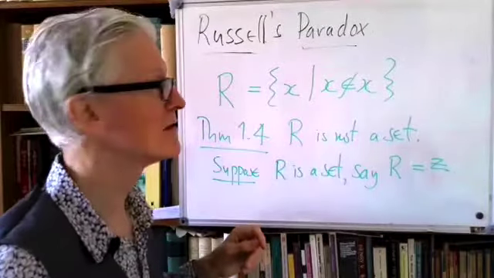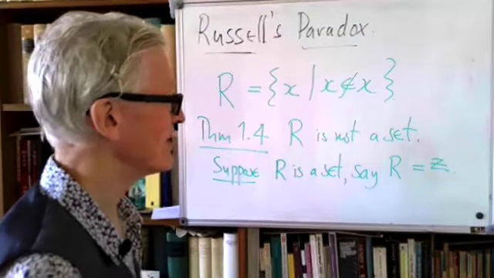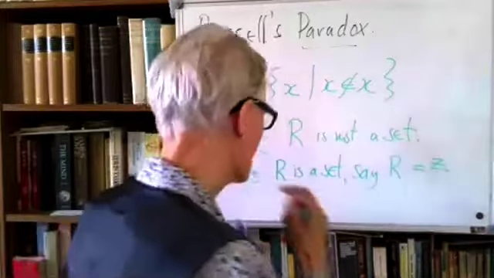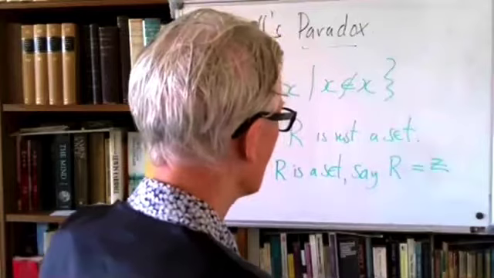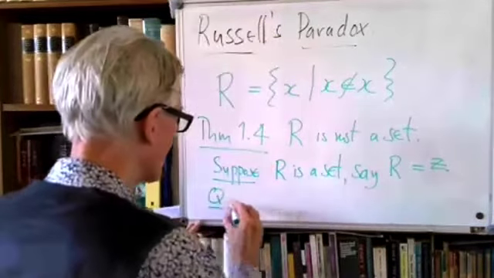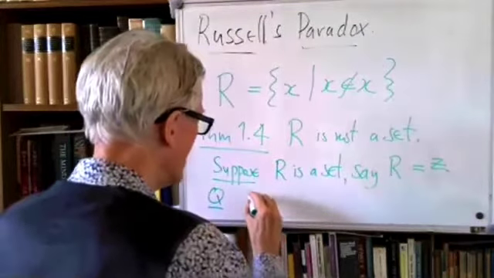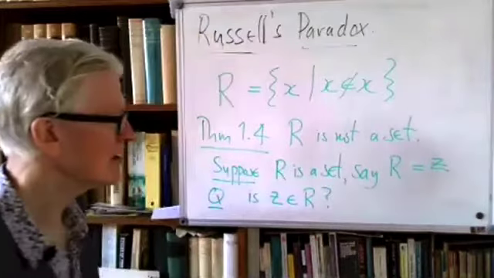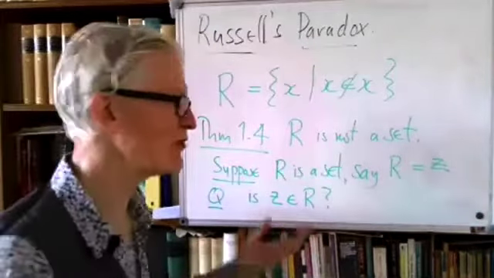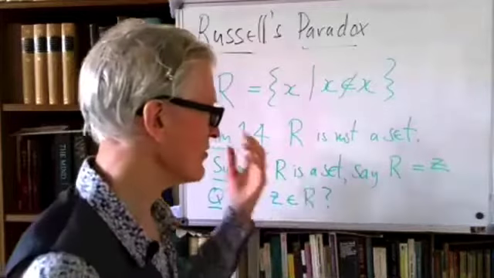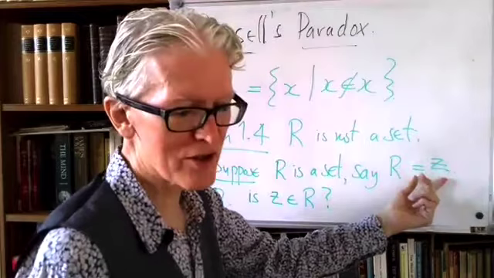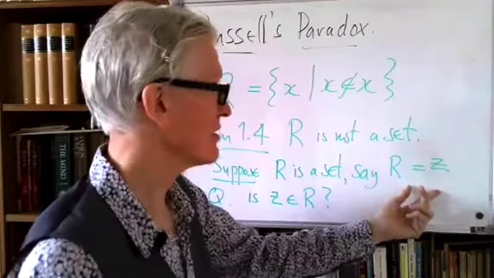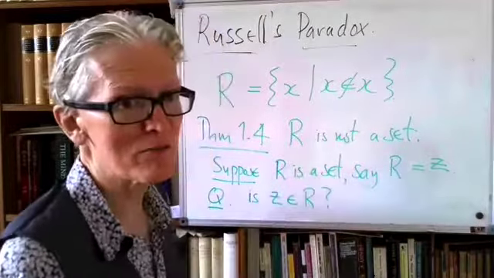It's only very special sets, if there are any at all, that will be members of themselves. So altogether we're setting up a proof by contradiction. We assume that R is a set, and then we show that this leads to absurdity. So this supposition is false, and R cannot be a set, which proves the theorem.